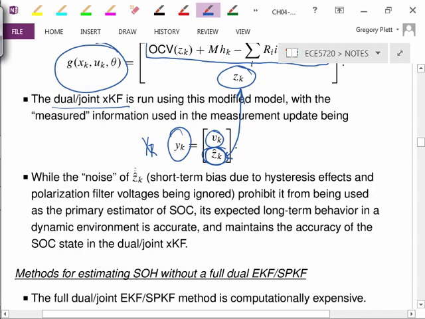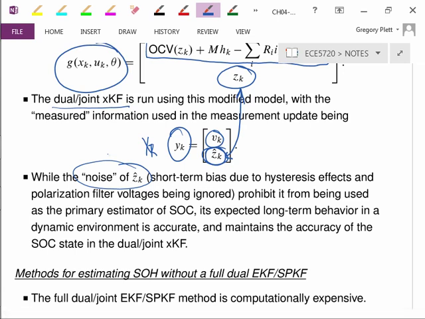So we acknowledge there's noise in z-hat, some short-term bias due to hysteresis and polarization voltages and so forth. We can't use this as a primary SOC estimator, but the expected long-term behavior is pretty much unbiased, and that helps us maintain the accuracy of our SOC state, and that is pretty important for us.